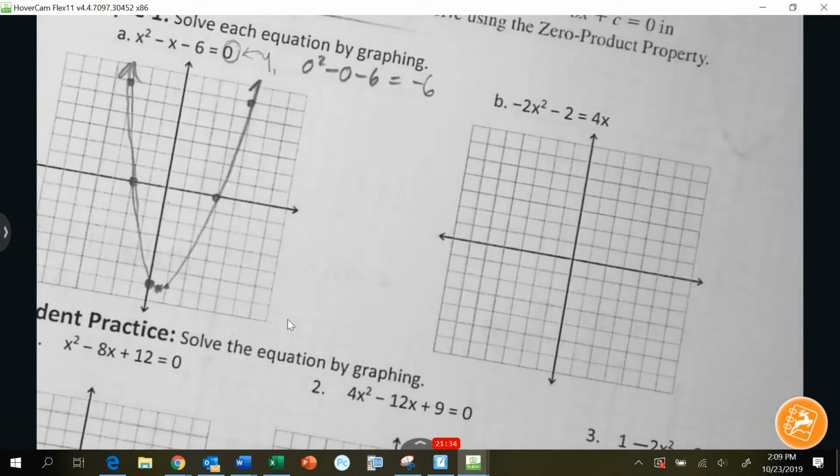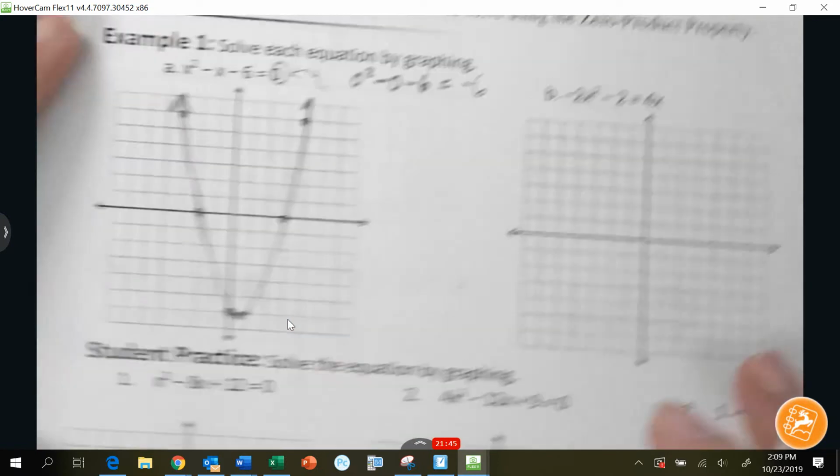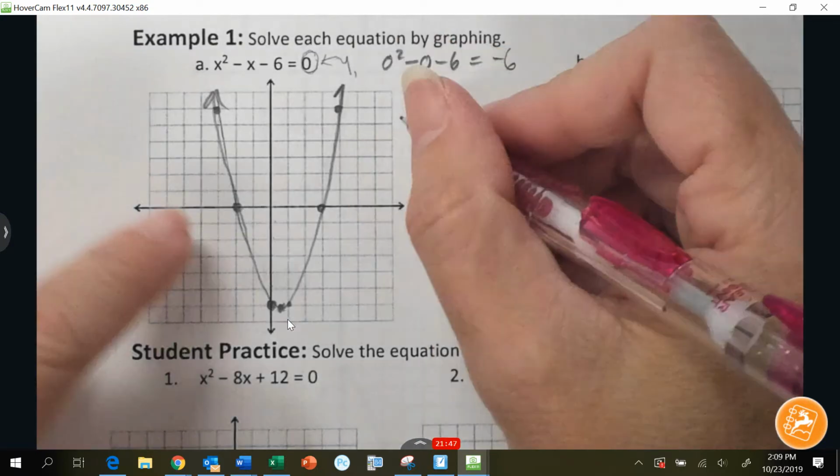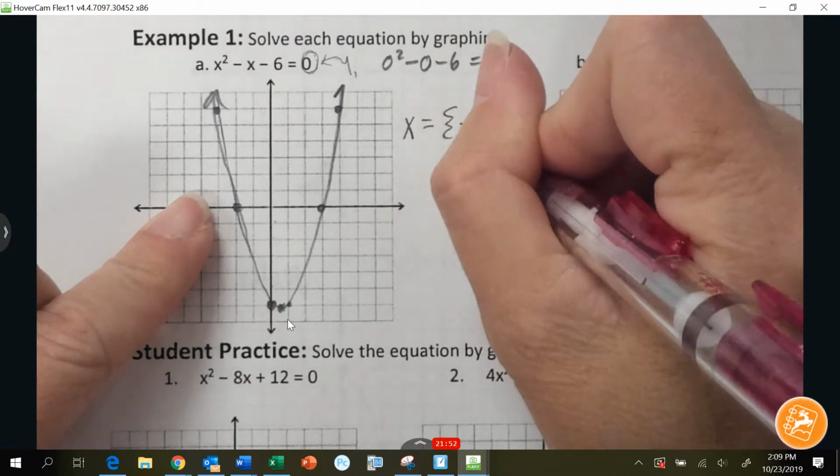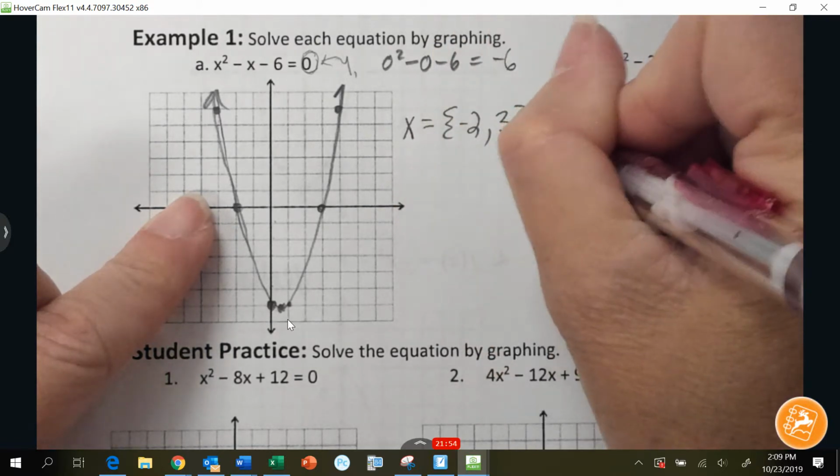I'm solving an equation, but if I do it graphically, it's the x-intercepts. So my equation answers are going to be negative 2 and positive 3.